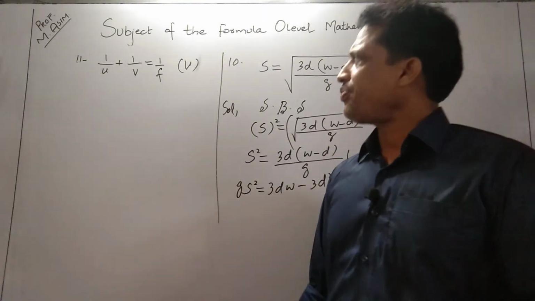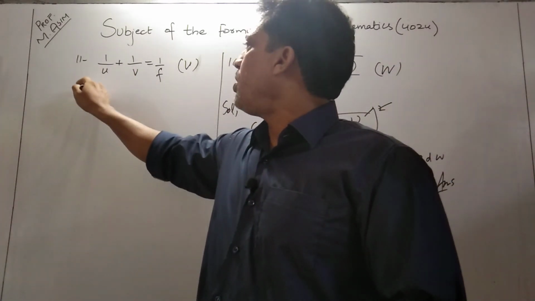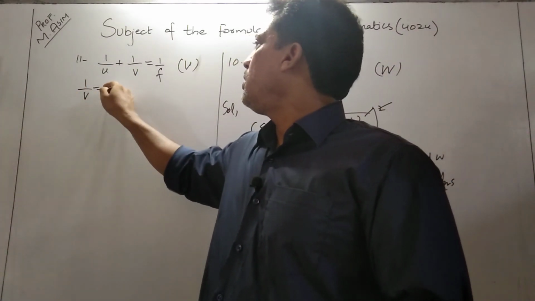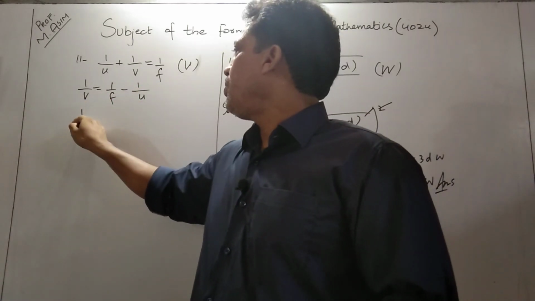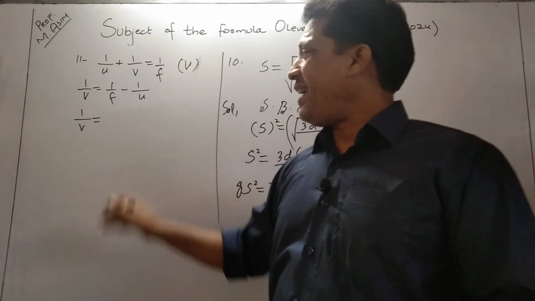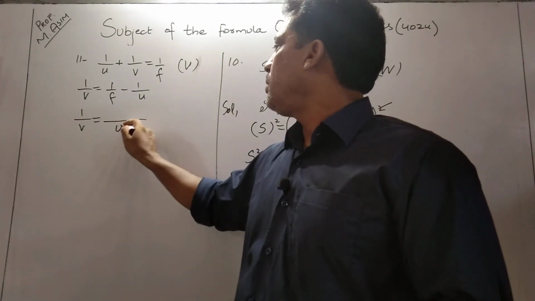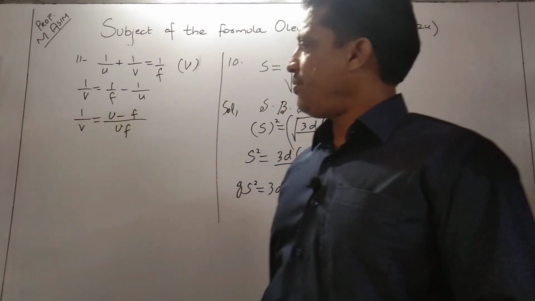Very easy. First, shift 1 upon u to the other side: 1 upon f minus 1 upon u. Now, take the LCM of u and f. This will become u, this will become f.